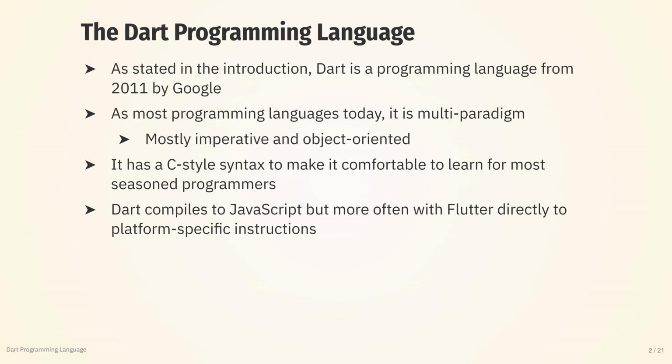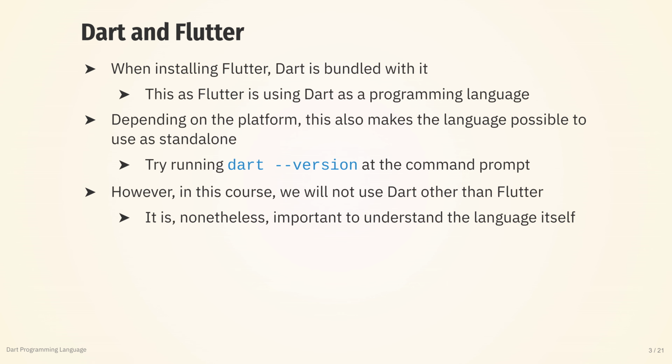However, as we are using it with Flutter, it will more often compile directly to some platform-specific instruction set, like for example on Android and iOS. When you install Flutter, Dart will be bundled with it. And this is natural, since Flutter is using Dart as the programming language.